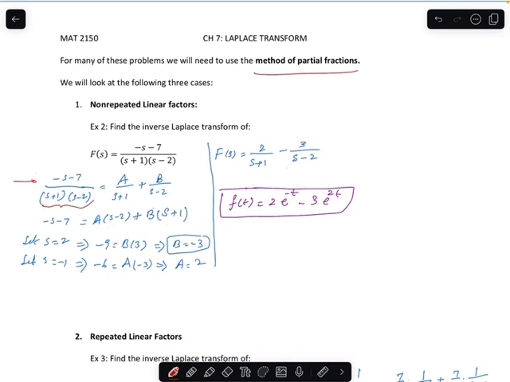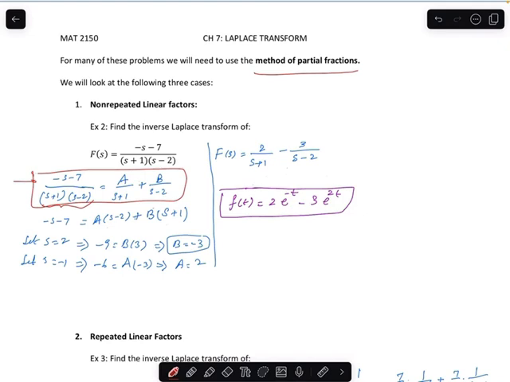Now I have skipped one step here, which you can skip as well. But this is a very important step. This must be written. The next step, as I mentioned, that you can skip, is multiplying each term by s plus 1 and s minus 2.